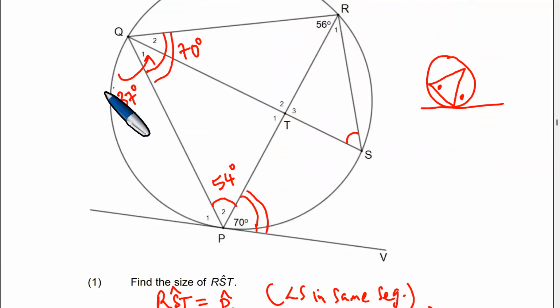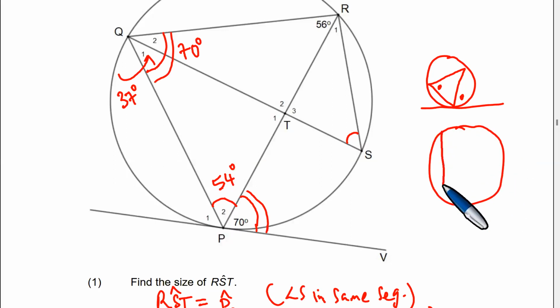Let's look at QS. Here is Q and here is S. Why would it not be the diameter of the circle? Obviously, there are a couple of ways to look at that one. What do you know about a diameter? Very nice question from the examiner and very well done to the examiner there. This question is good, but it tells us too many things. Like the butterfly, some people call these angles in the same segment, like the butterfly wings.